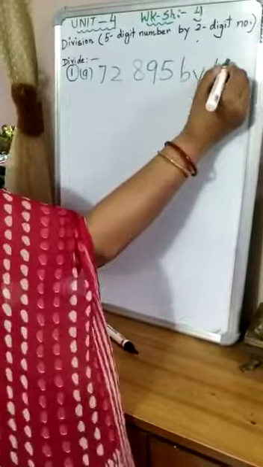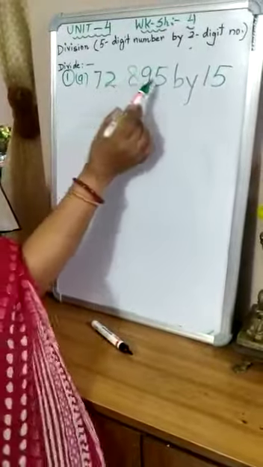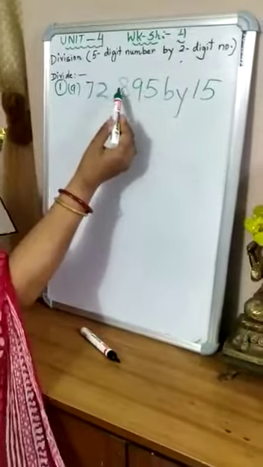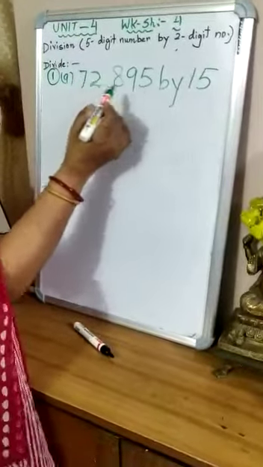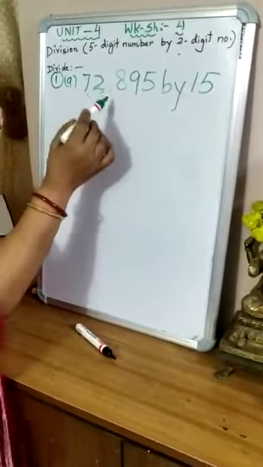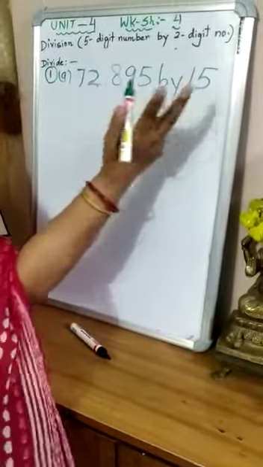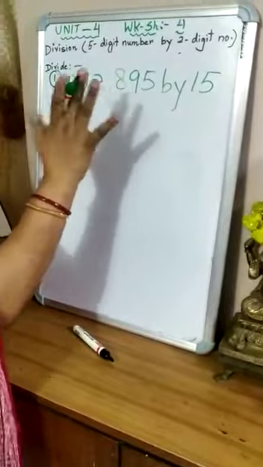Right. So here all of you see, how many digits are here, children? 1, 2, 3, 4, 5. The place values are ones, tens, hundreds, thousands, ten thousands. So 72,895 is the dividend, the number which is to be divided, and 15 is the divisor. 15 is a 2-digit number, and 72,895 is a 5-digit number.